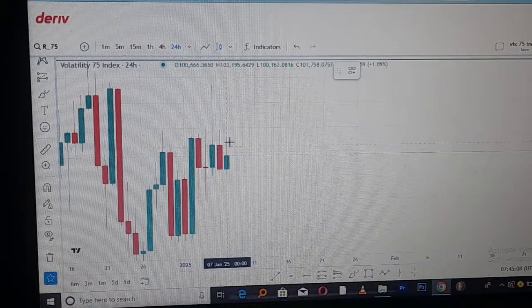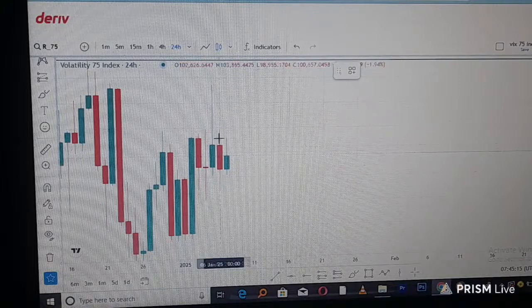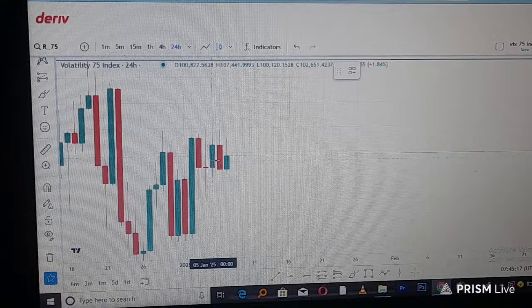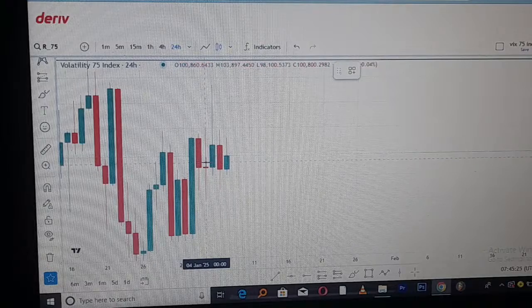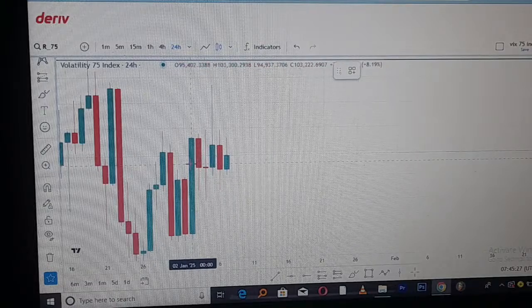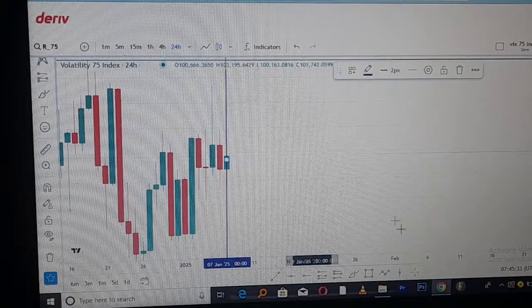Because the daily is on a green candle, so we have to look for the buy. Yesterday it was sell. This day it was green, this day was red, this day red, this day green. So we always move with this daily bias.